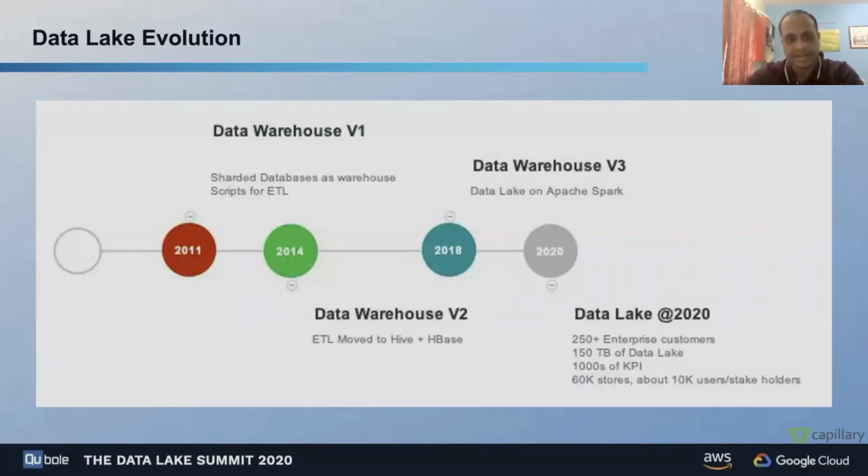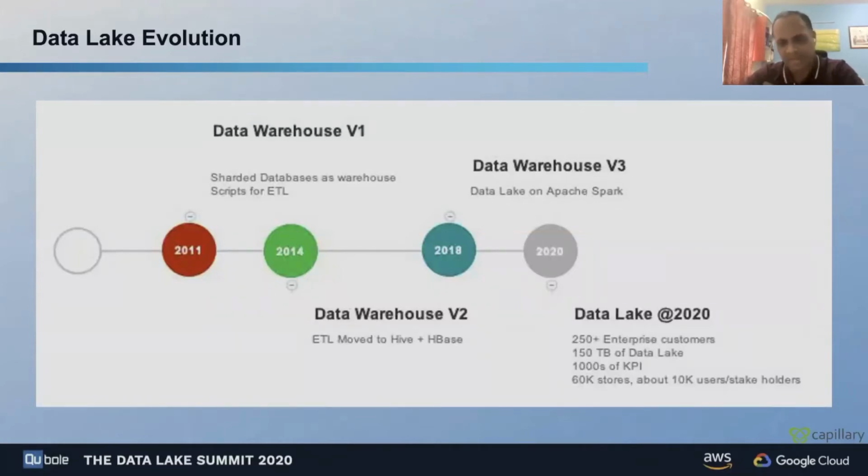We adopted that. In 2014, we had the ETL flow of our data lake completely moved to Hive and HBase, where we could process a bunch of our tenants having very large data sets.